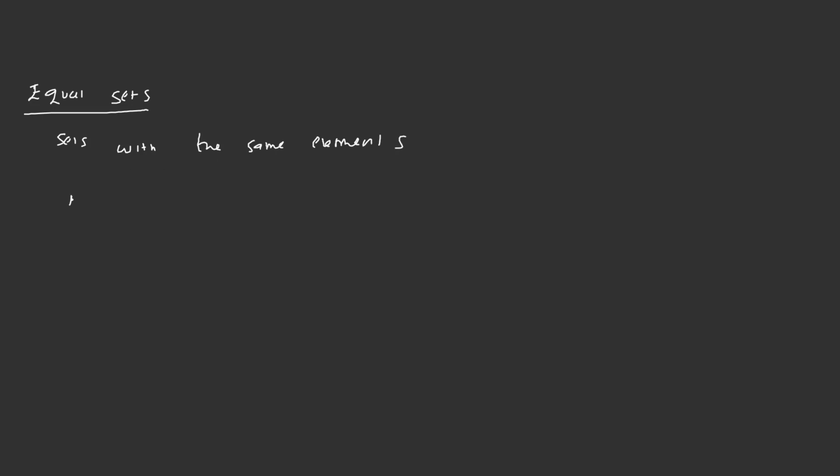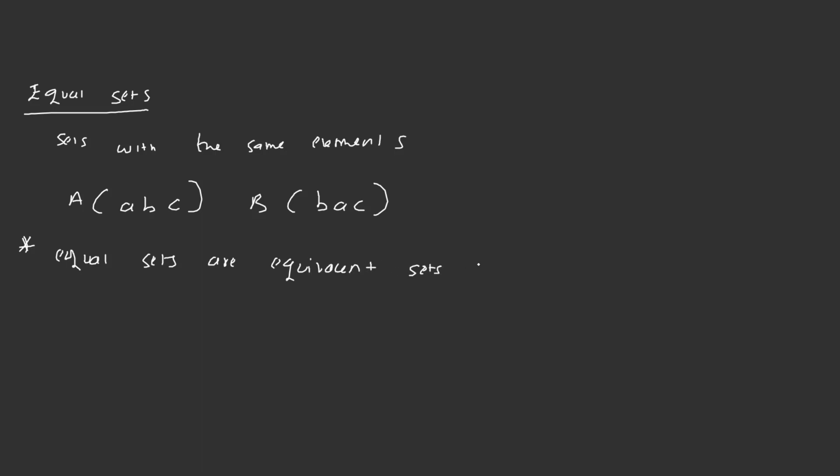You can have set A which has A, B, and C, and set B which has B, A, and C. You can also say that equal sets are equivalent sets, and the vice versa also applies.